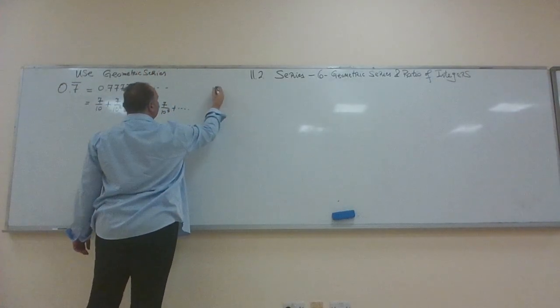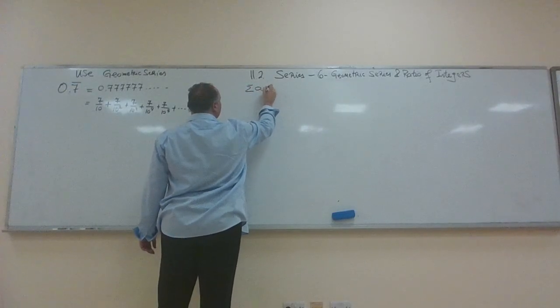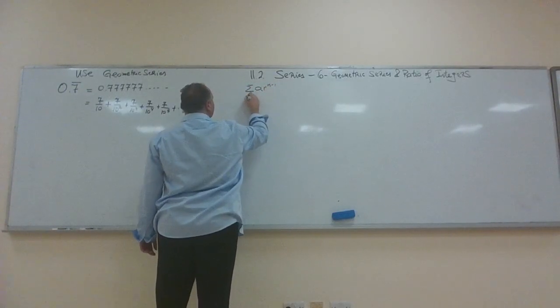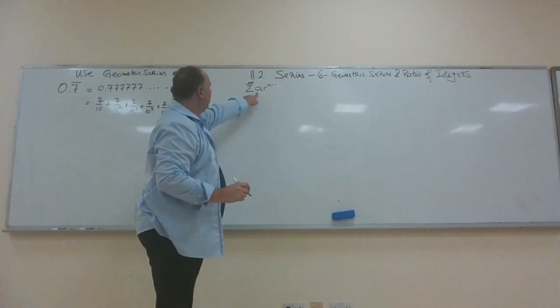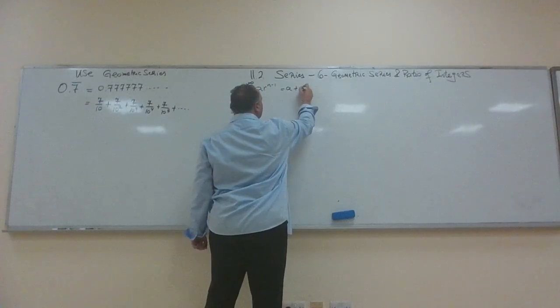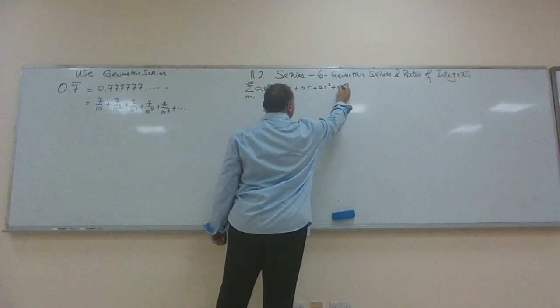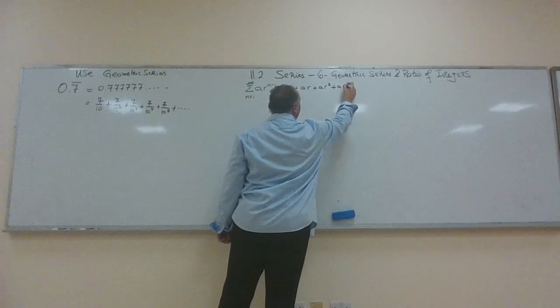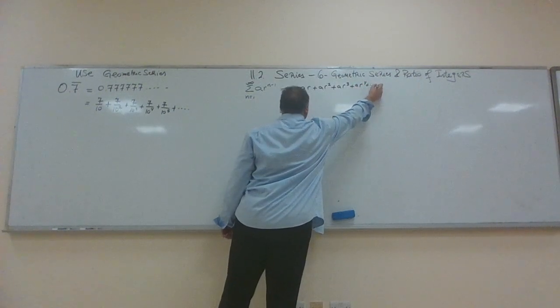Just as a reminder, the geometric series, the general form is something like this, argument and then the common ratio. So we have A plus AR plus AR squared plus AR cubed plus AR to the power 4, and it keeps going.